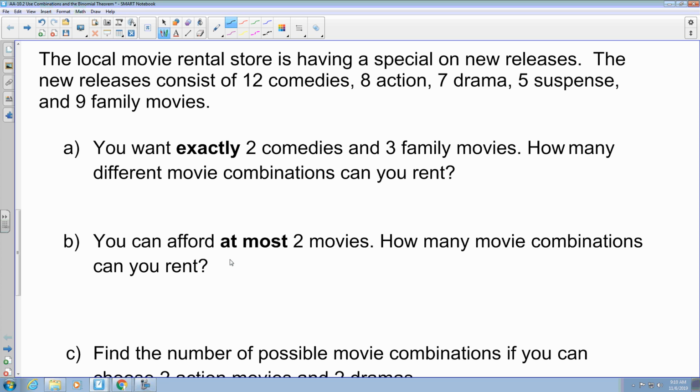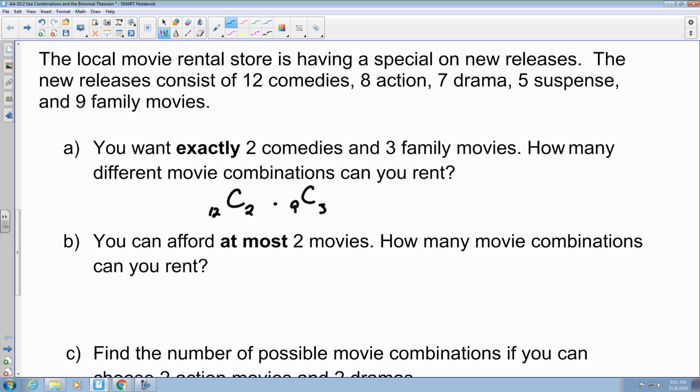So it's a multiplication problem and has 2 separate situations, because we have a combination of 12 possible comedies, but you're going to get exactly 2 of them, and it gets multiplied by the 9 family movies to choose from, and you're going to get exactly 3 of them.